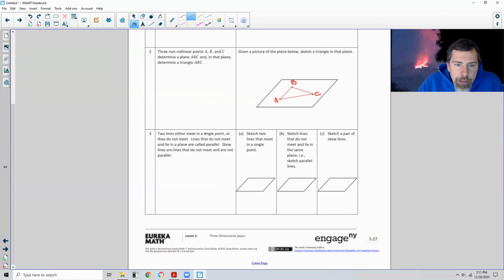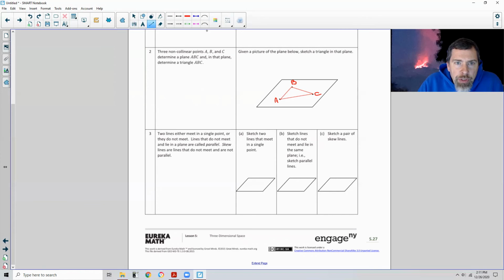All right, number 3. 2 lines either meet in a single point or they do not meet. Lines that do not meet and lie in a plane are called parallel. Skew lines are lines that do not meet and are not parallel. So A says sketch 2 lines that meet in a single point.